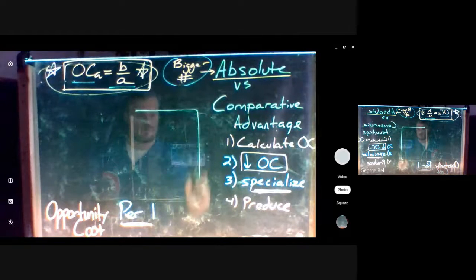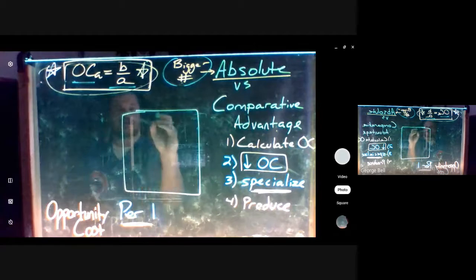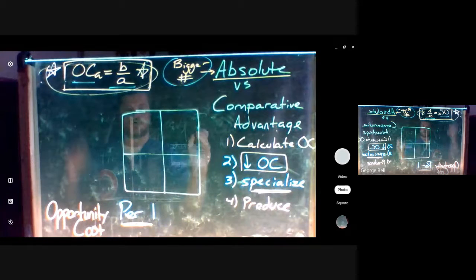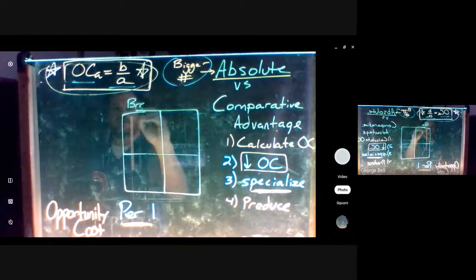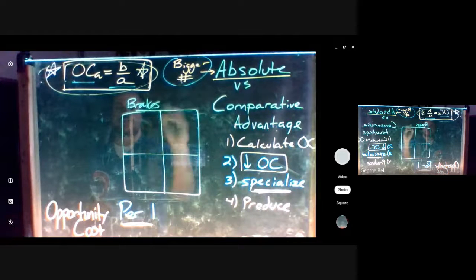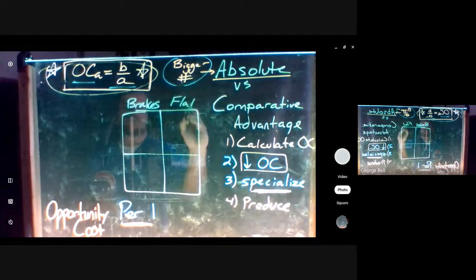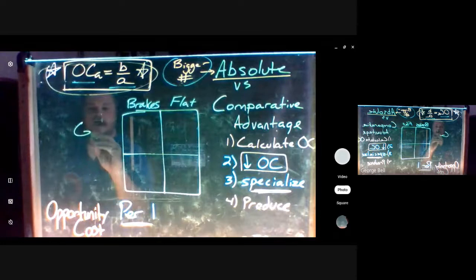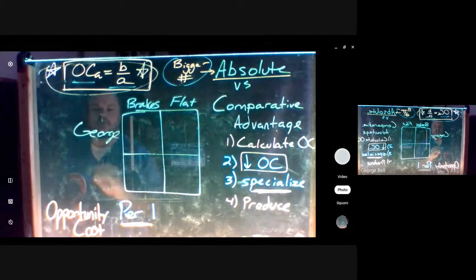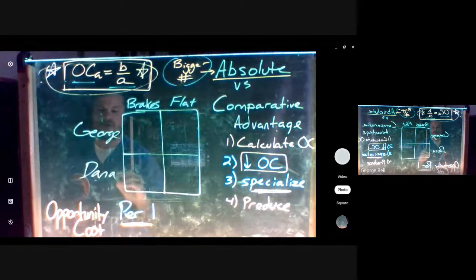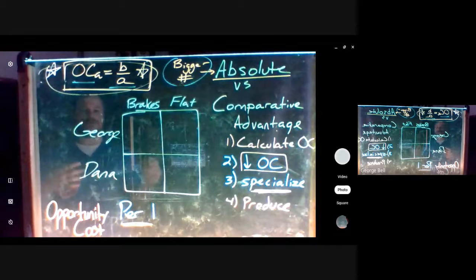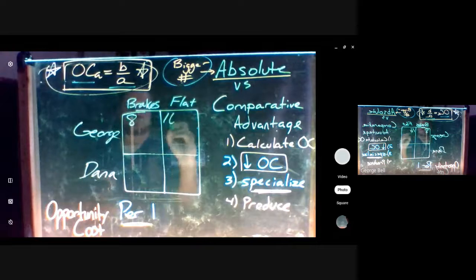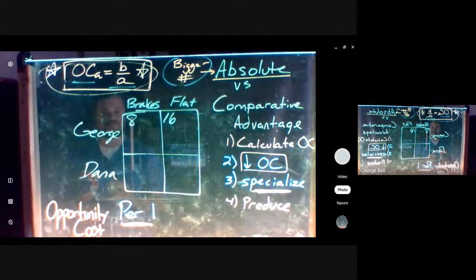So I'm going to make another grid. And this time we're going to pretend that I own an auto shop. And in my auto shop, I can do either brake changes or I can fix flat tires. Let's say that I work in this auto shop with my wife, and in the auto shop, I can do 8 brake changes a day or 16 changes of flat tires.